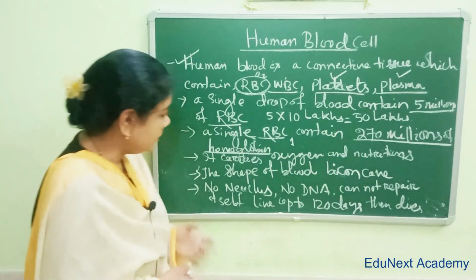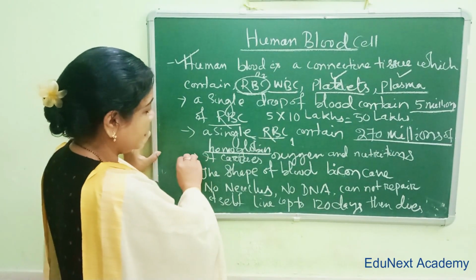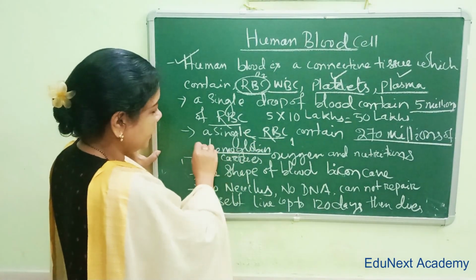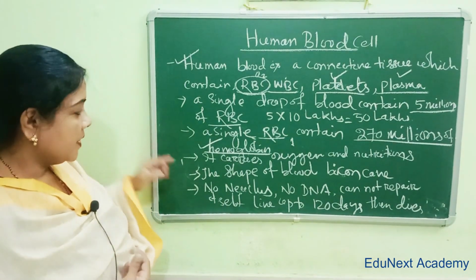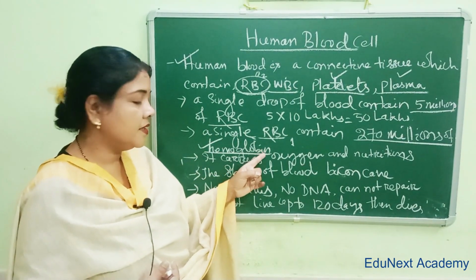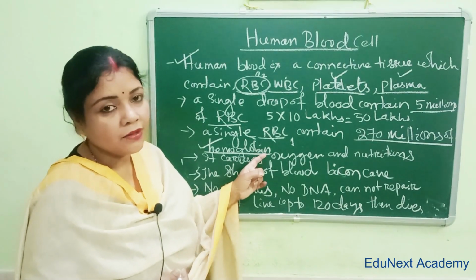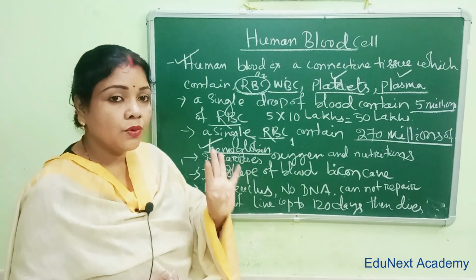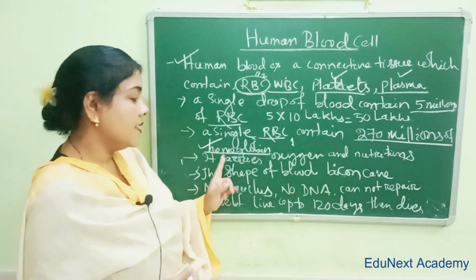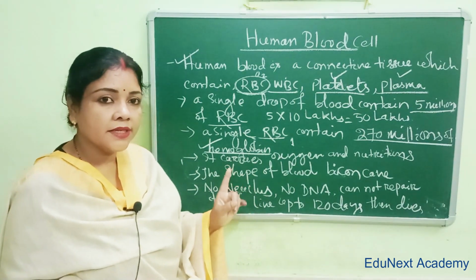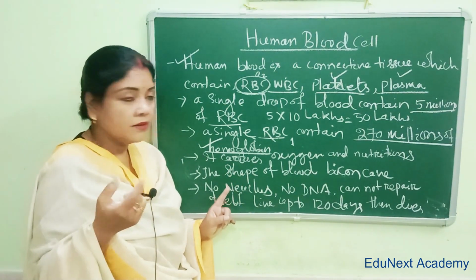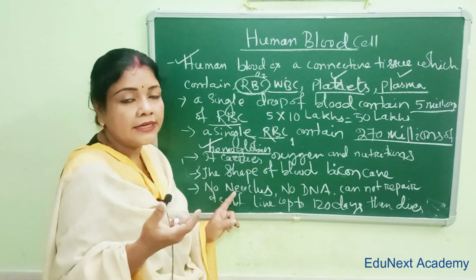Now inside this RBC, hemoglobin is present. This hemoglobin is a complex organic compound which has 4 chains, I will discuss later, and each chain has a single iron atom in its center.